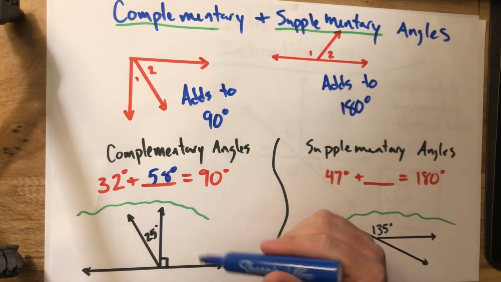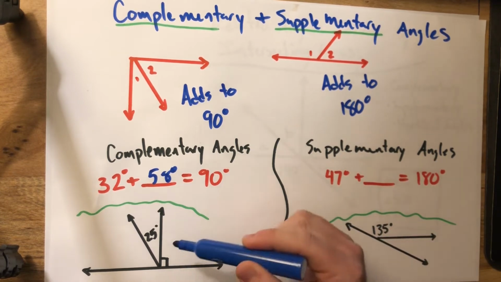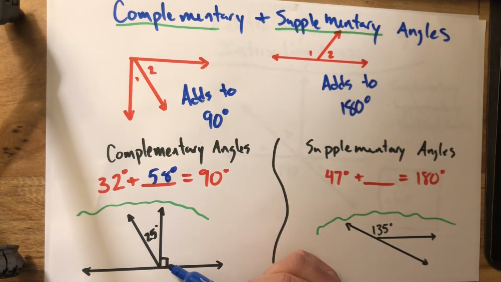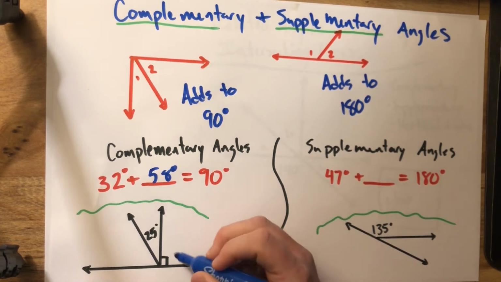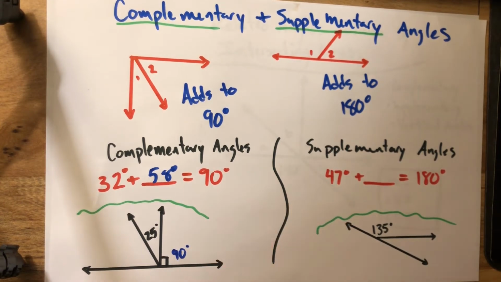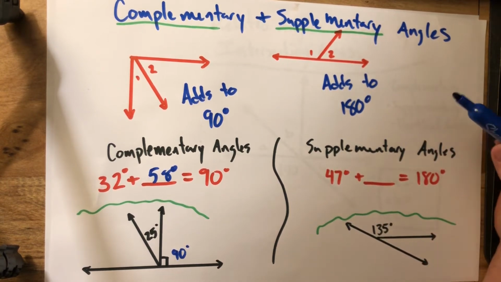In the same idea, we can use that in a graphic demonstration. I have a graphic here for you, and we know that the box notation means that this is 90 degrees. So the rest of this angle formation is also 90 degrees, because together they would make 180 degrees, which would relate back to supplementary angles as well.